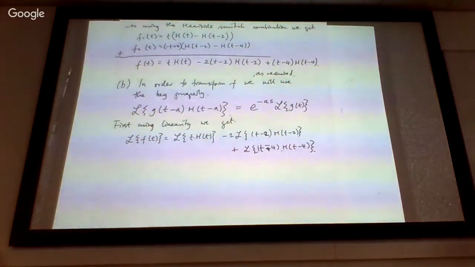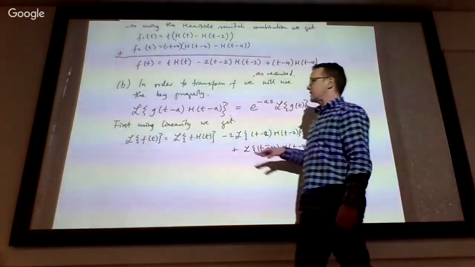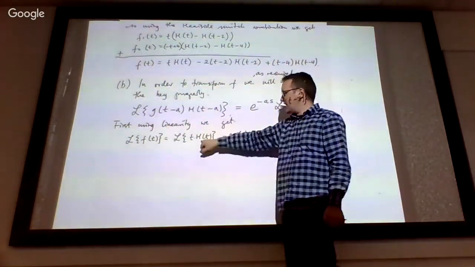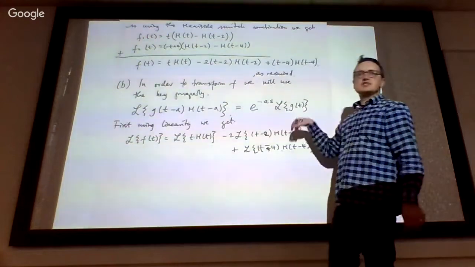Okay, each of these now is fully set up for applying this. They've got different values of a, but it's always the same function g.